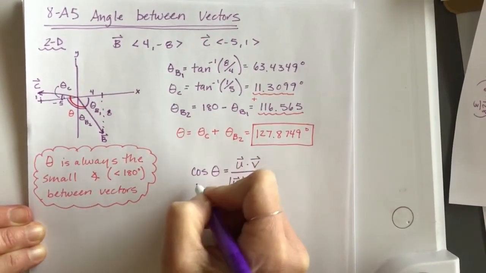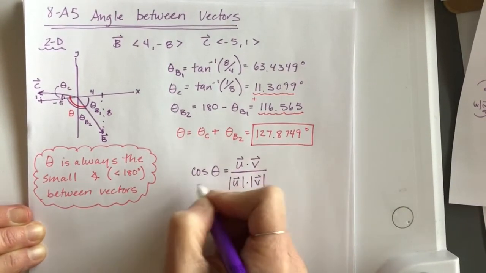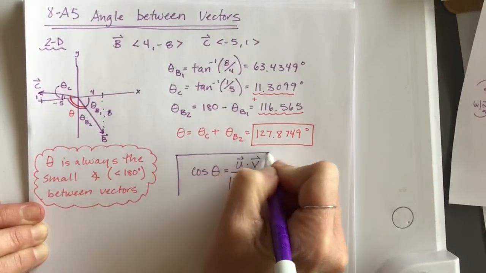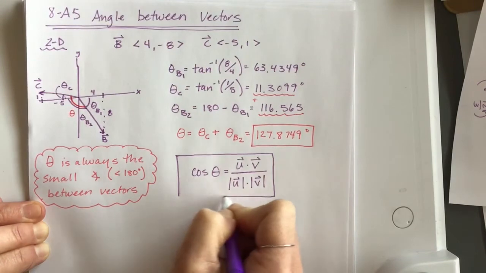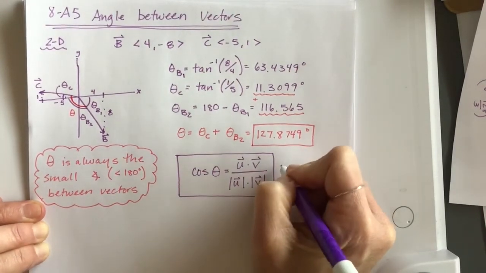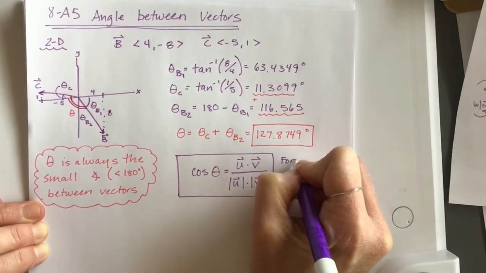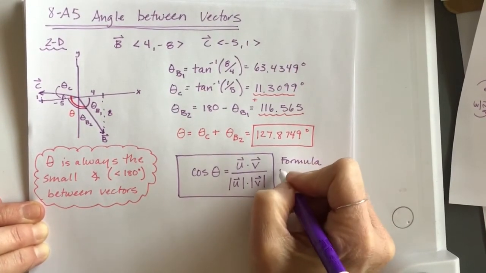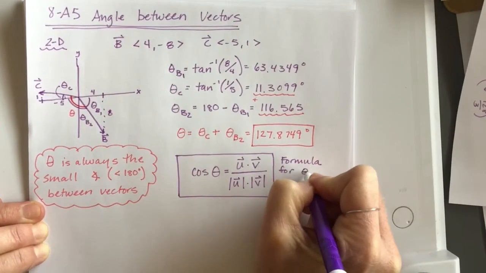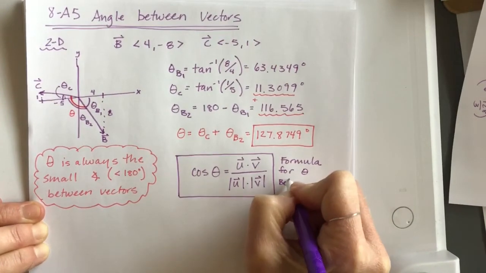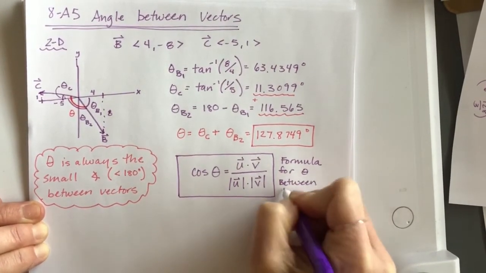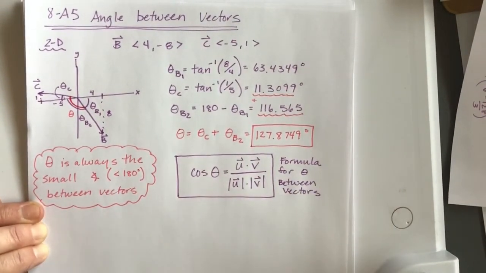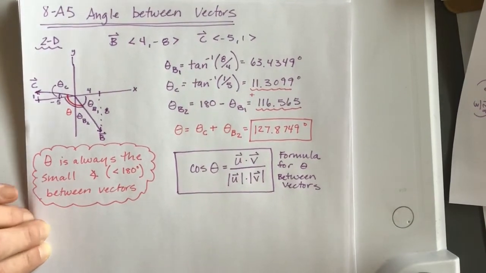Once you get this number, you would do inverse cosine. This always gives you the angle between the two vectors. So if you like formulas, you're good to go with this formula for theta between vectors. You don't have to memorize this. I would give it to you on a test.